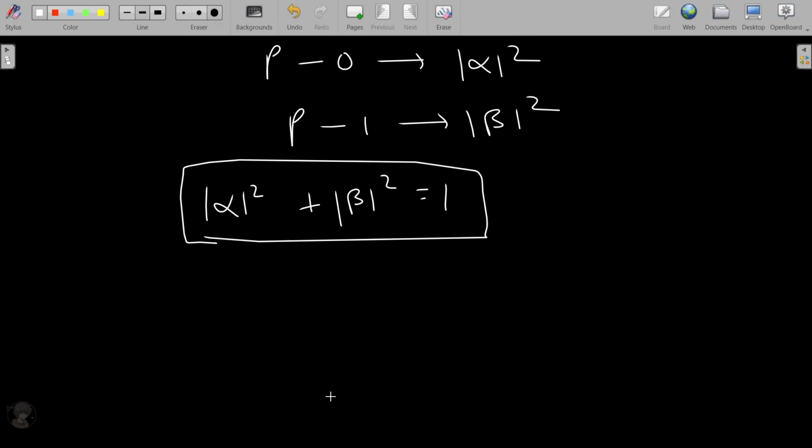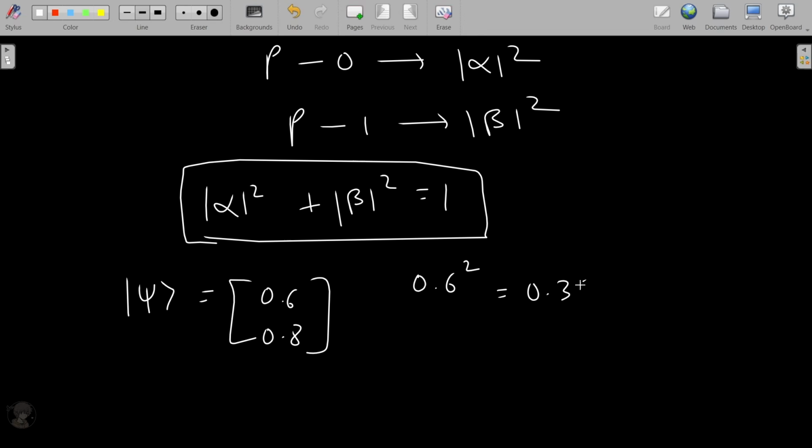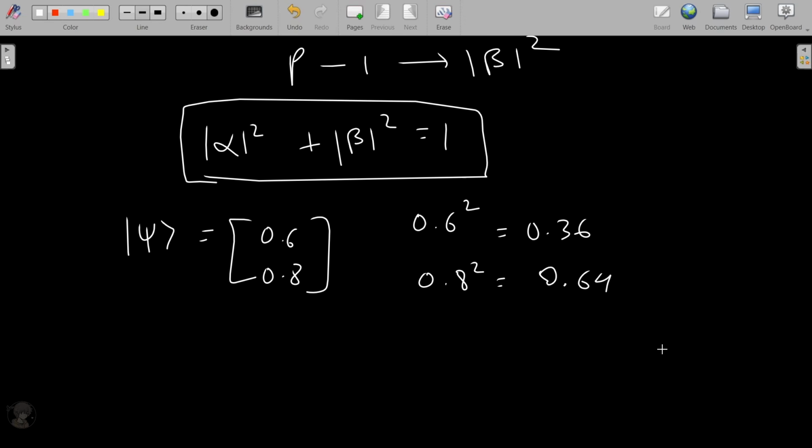Let me explain this with a simple numerical example. Suppose our state ket psi is 0.6 and 0.8. Let's compute the probabilities. 0.6 squared equals 0.36. 0.8 squared is 0.64.